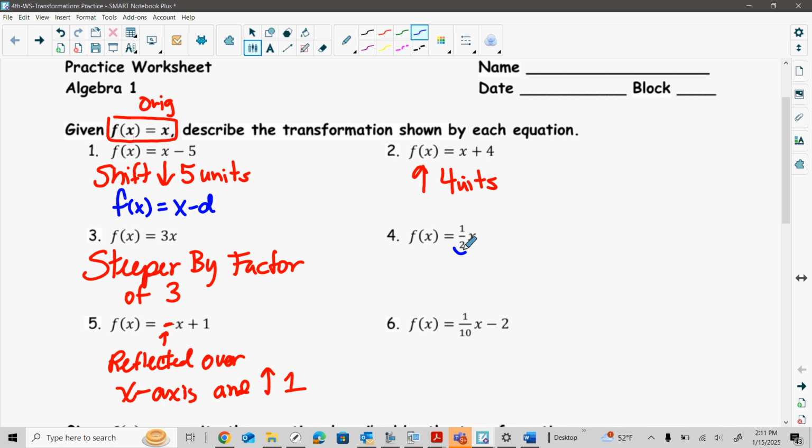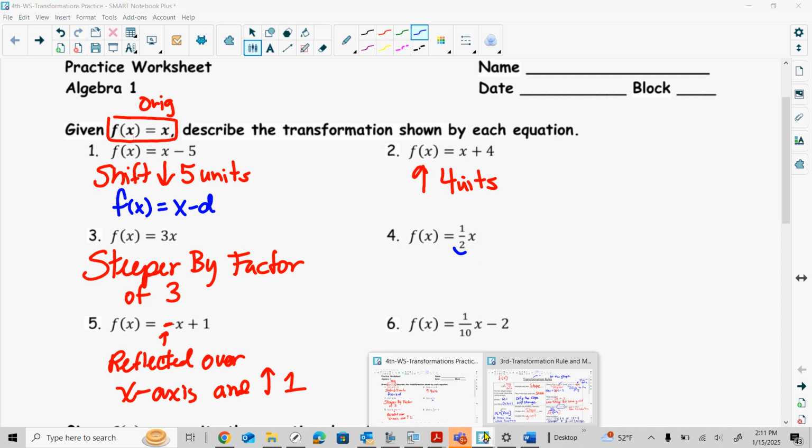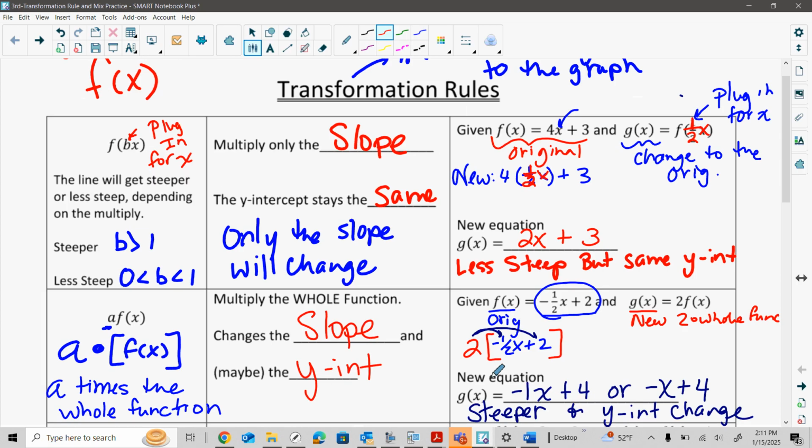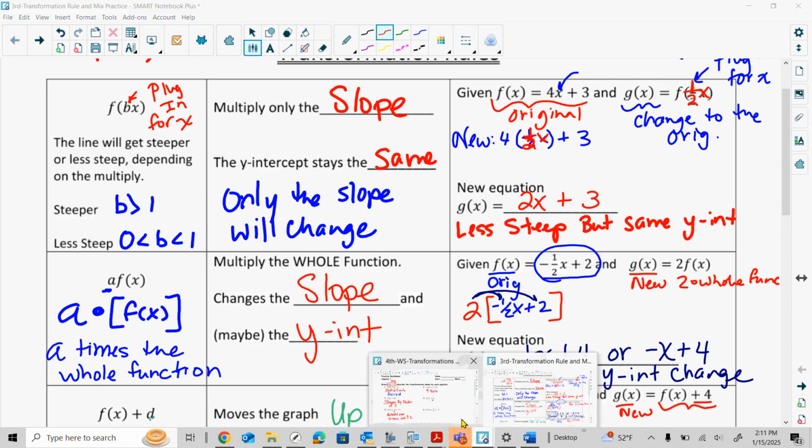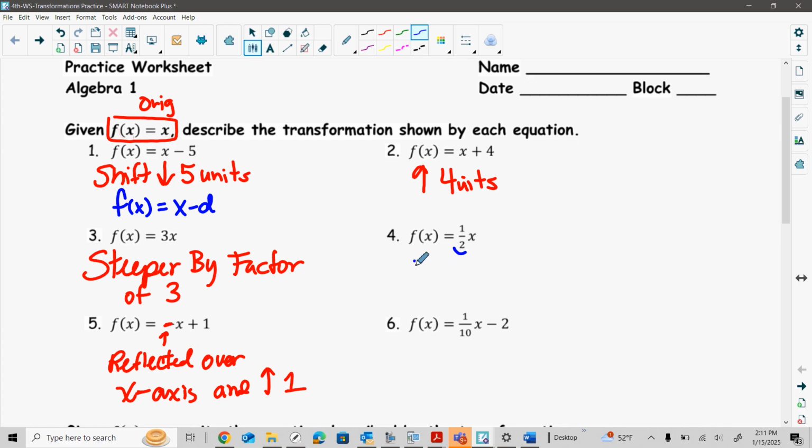So on our paper, if I see the bx, here's the b in front. Basically, that affects the steepness. If the b, the number in front of the x, is greater than 1, it's steeper. If it's between 0 and 1, which is like a fraction or decimal, it's less steep. So because I have this 1/2, this would be less steep.